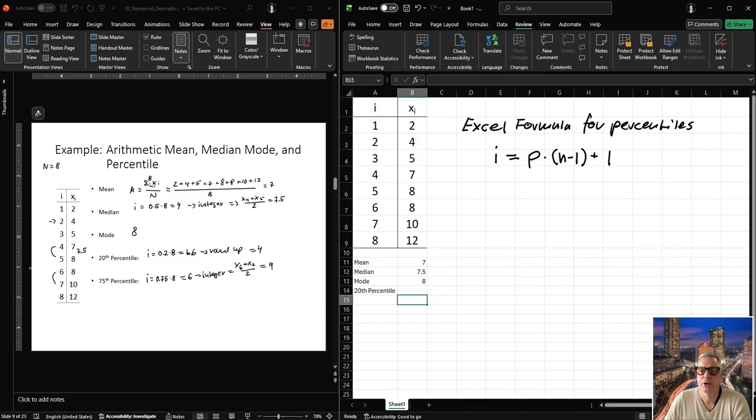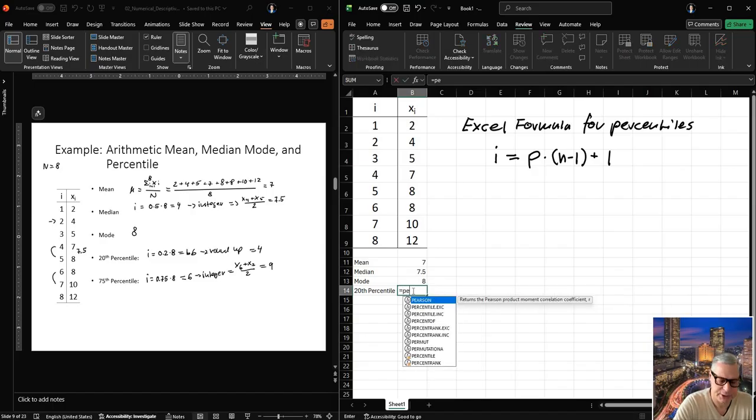Okay, so now for the 20th percentile, what do we get? So we search for percentile, and you see you get two formulas, percentile.inc and percentile.exc. One stands for exclude, the other one stands for include. What does it include?